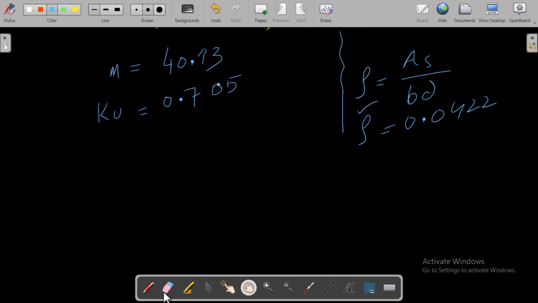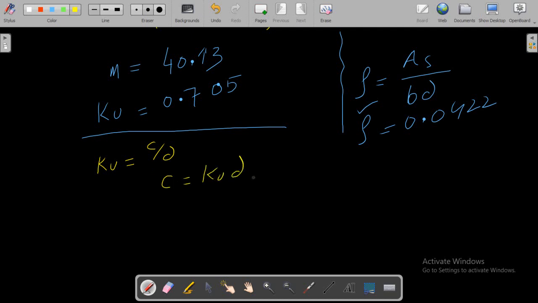So now we are able to find the values of c and a, right? We know ku is equal to c divided by d. From this we find c, that is ku times d, and if you insert the value 0.705 here and d is 15 inches, we get c, that is 10.587 inches.